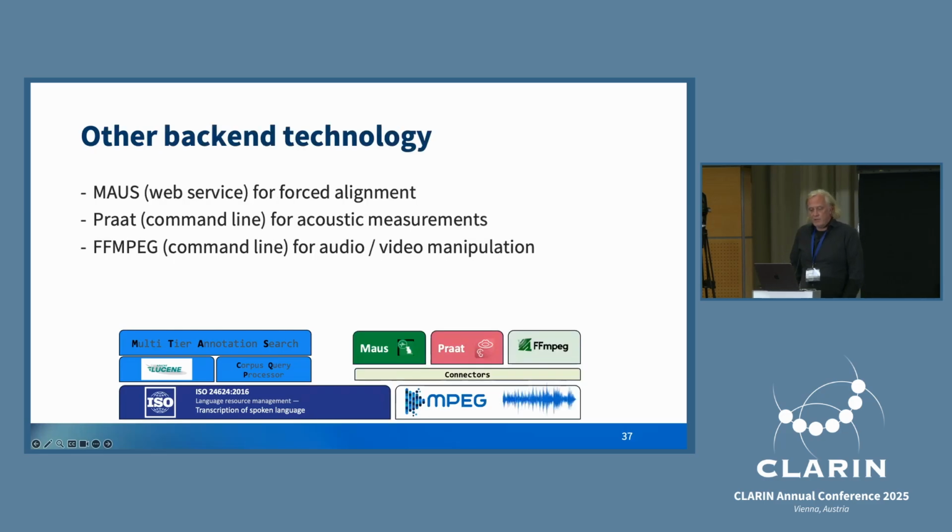We're also using other technology from the CLARIN context. For example, we're doing forced alignment at one point, and we're using MAUS for that. We have an interface to Praat via the command line for doing acoustic measurements dynamically in the platform. We're using FFmpeg command line tools for audio-video manipulation, and so on.